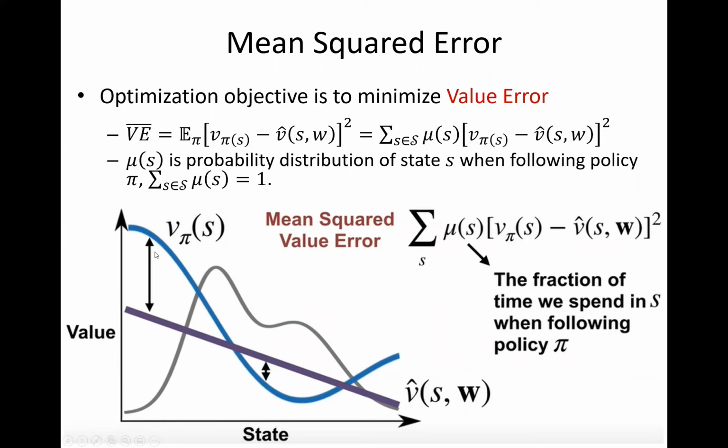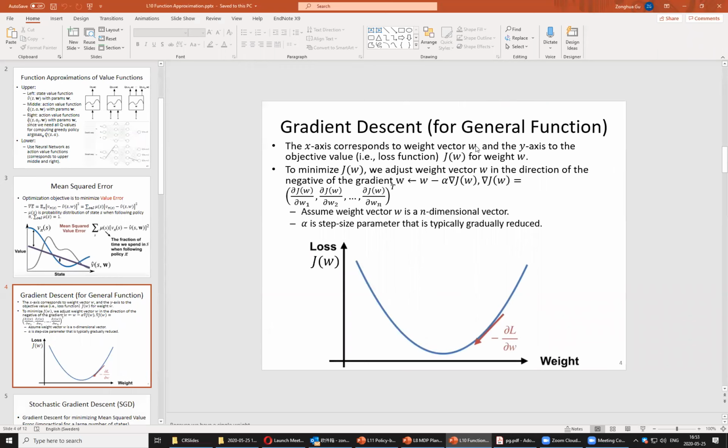We can use gradient descent. Here the x-axis corresponds to the weight vector W. We typically use a bold letter to represent a vector, and a non-bold letter to represent a scalar.